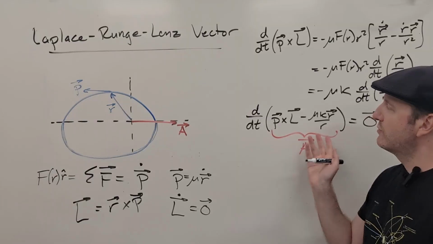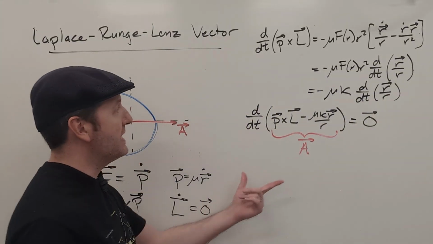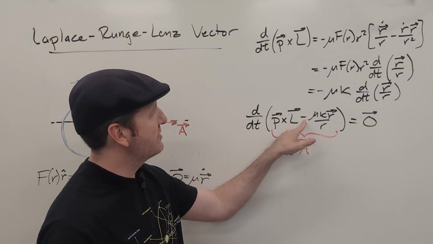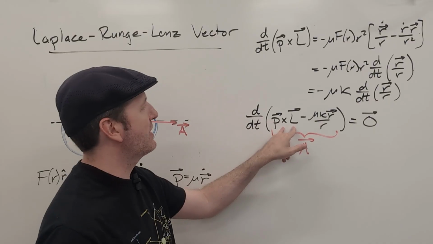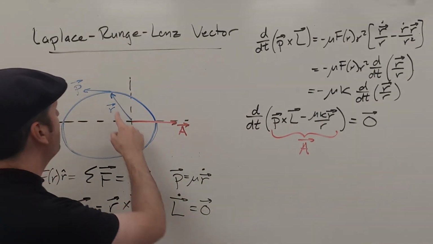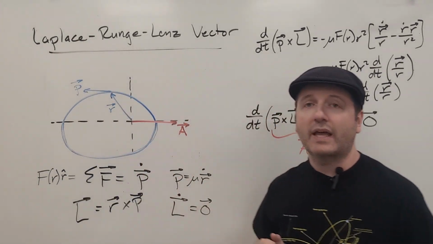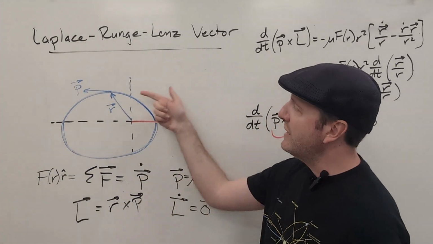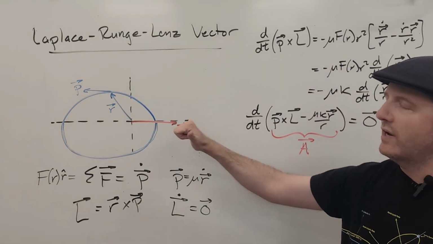If you want to think about what direction it points, well, it's a little hard to see immediately. I can see that this second piece points in the r hat direction. What direction does P cross L point? Well, if I imagine some generic point on my ellipse, or any conic section we have here, P is going to be tangent to it, and then L is, at least the way I've drawn it, out of the board.